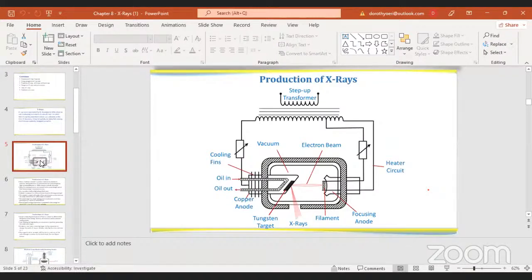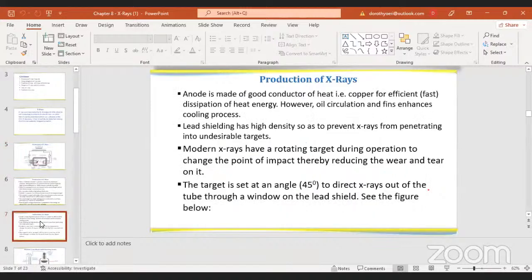That is to take care of the high amount of heat generated at that point when X-rays are formed. So we are saying the anode itself is made of a good metal conductor, which is copper, which is efficient in dissipating of the heat.